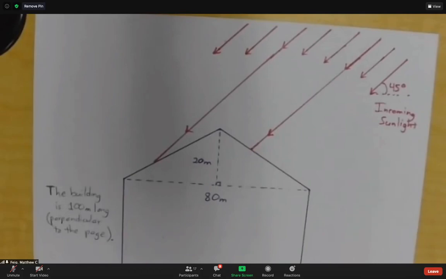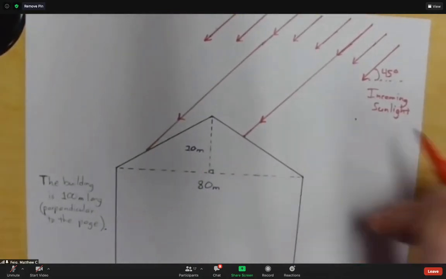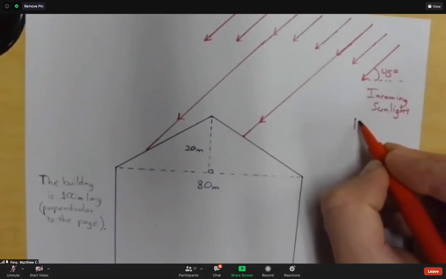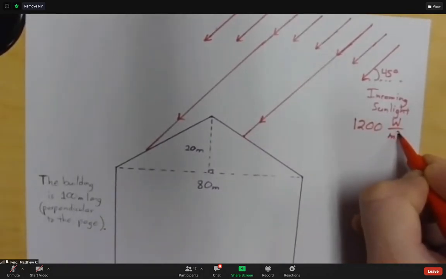If you look up a number called the solar constant, it's the average intensity of sunlight when it reaches Earth. And usually that's around 1300 in some units. I'm going to go for a number around there. And I'm just going to say the sunlight has a brightness of 1300 watts per meter squared.